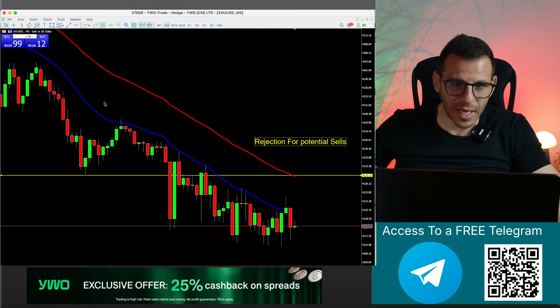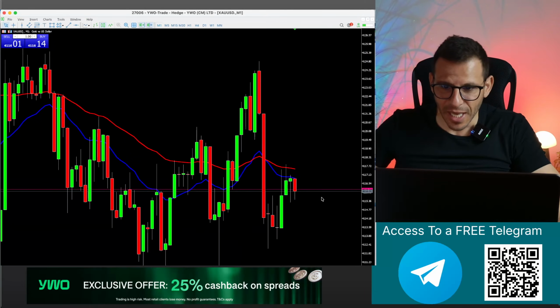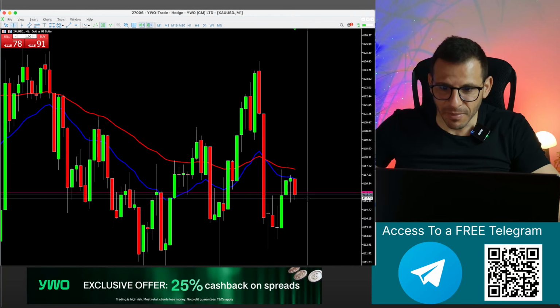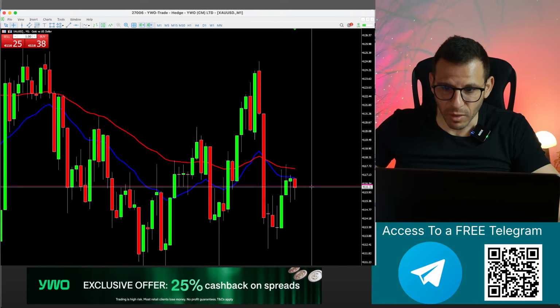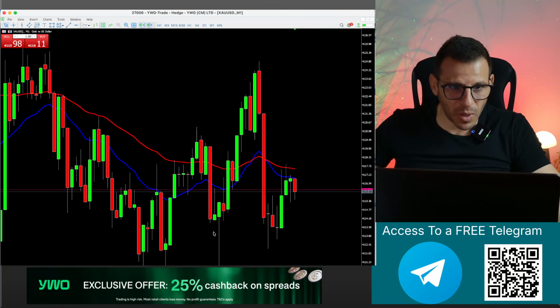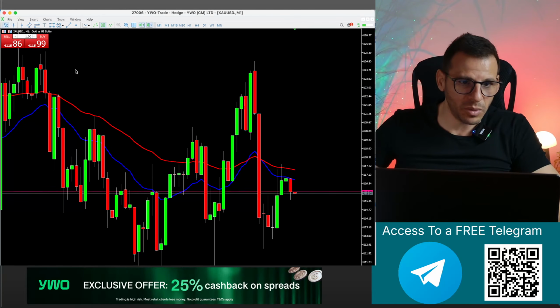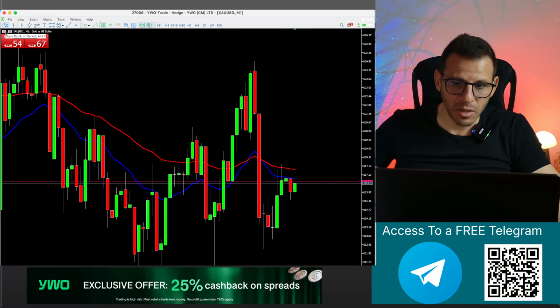If you go on the 1-minute chart, you barely see the spread here. It's honestly one of the brokers out there that has the smallest spreads on gold. Absolutely.